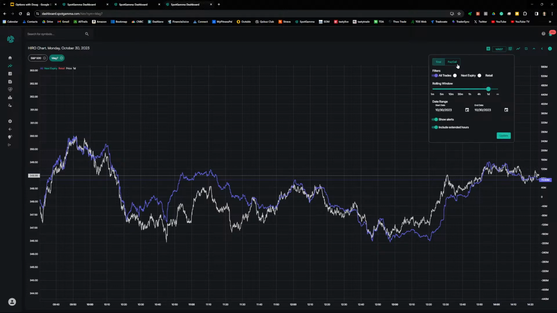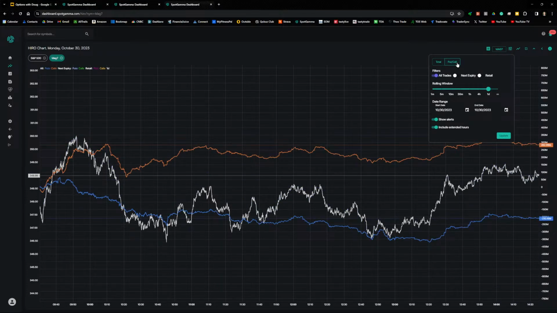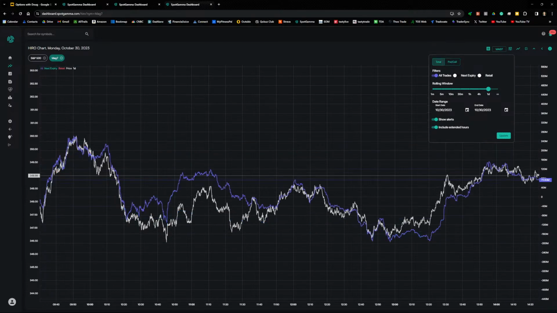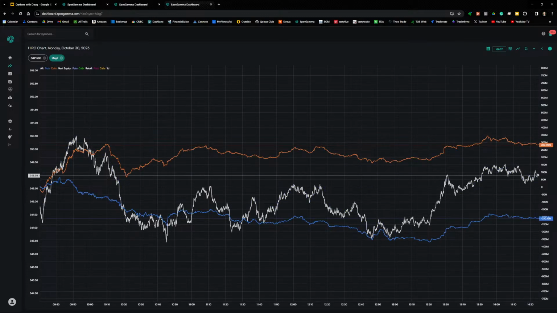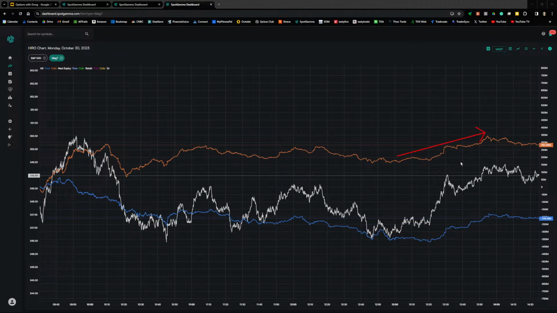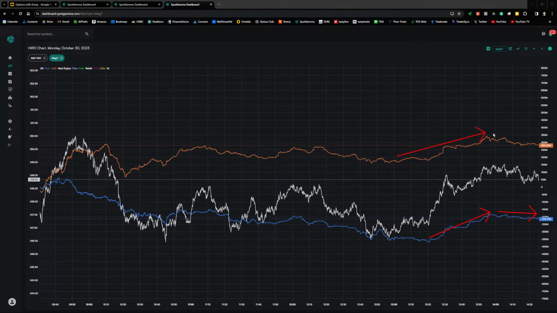Separate out puts and calls. For a while there, starting right around 1 o'clock, they were buying calls, and 20 minutes later, started selling puts. Now those lines have leveled off.